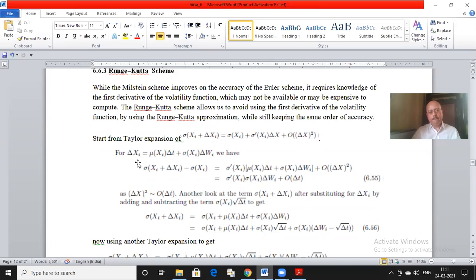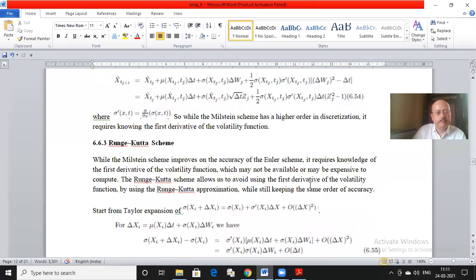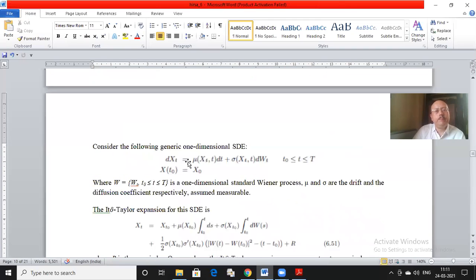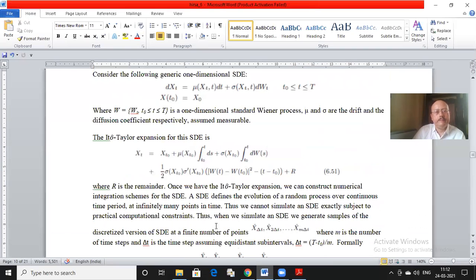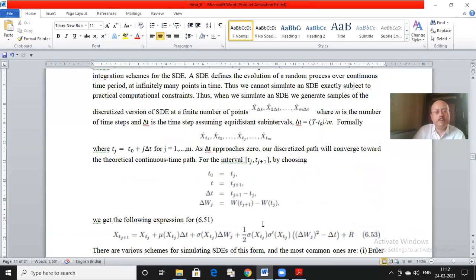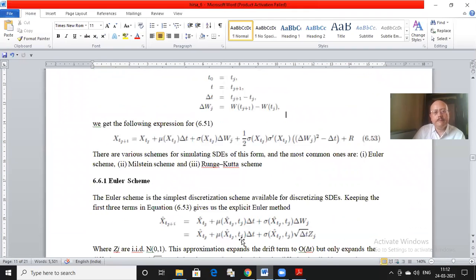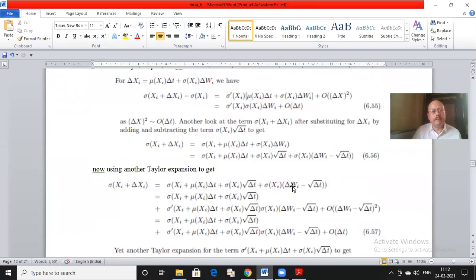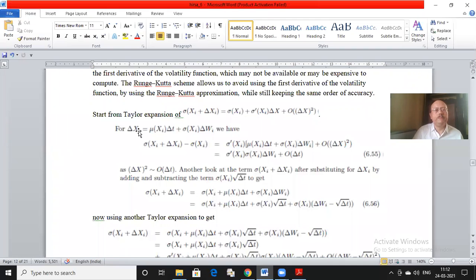Now delta Xi is mu Xi delta t plus sigma Xi delta Wi. That's what we take. So what are we doing? We are essentially taking a first order approximation of this. So delta Xi here, as in the Euler scheme, is approximated by mu Xi delta t plus sigma Xi delta W.